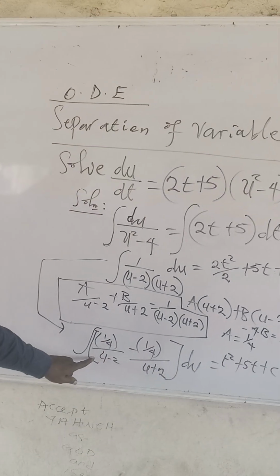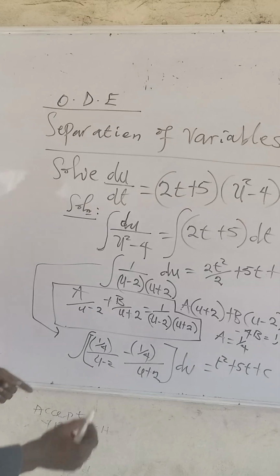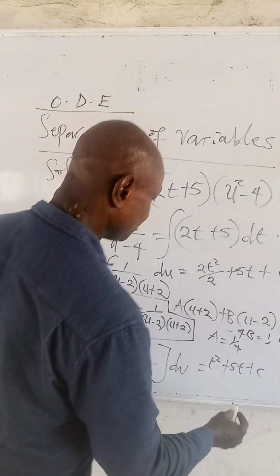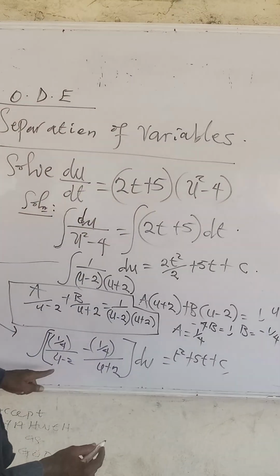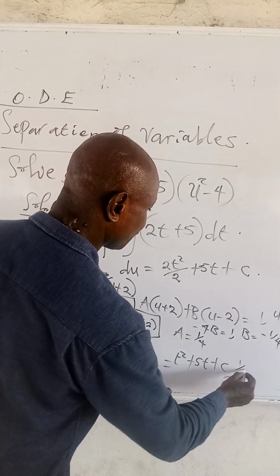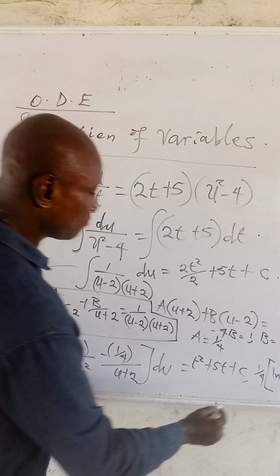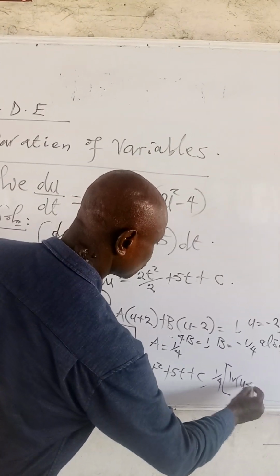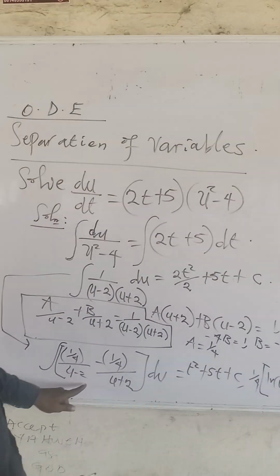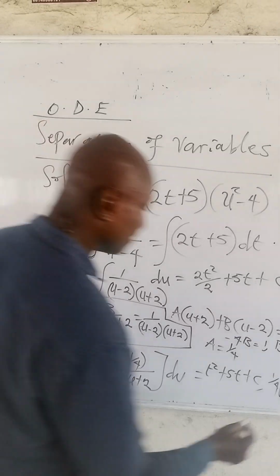Now, when we integrate this normally, we get 1 over 4 times the natural log of (u minus 2), because if you differentiate this, you get 1, multiply this, you have this.